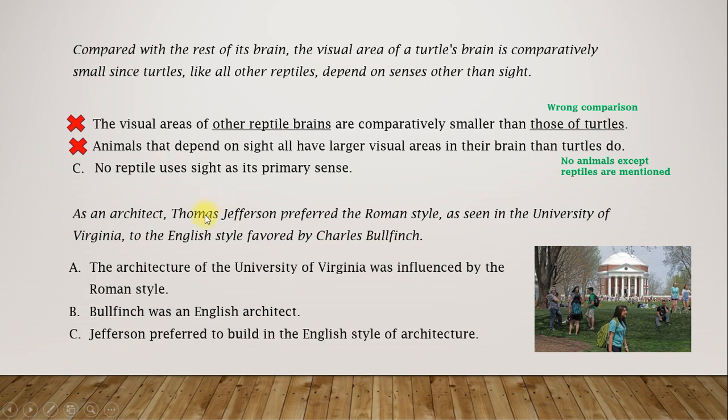C. No reptile uses sight as its primary sense. The second part of the sentence, turtles, like all other reptiles, depend on senses other than sight, is the clue for the correct answer. So C is the correct answer.